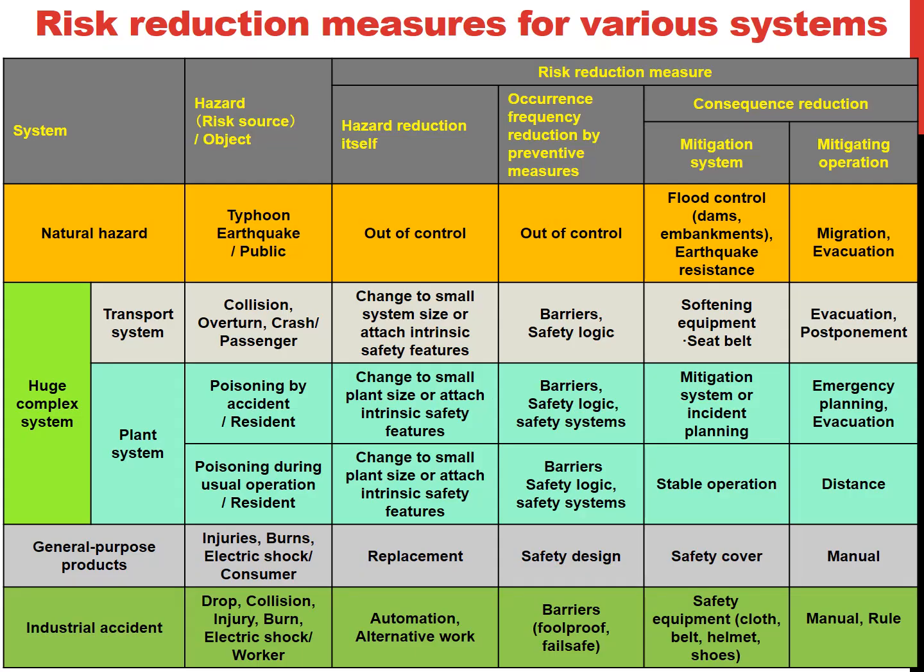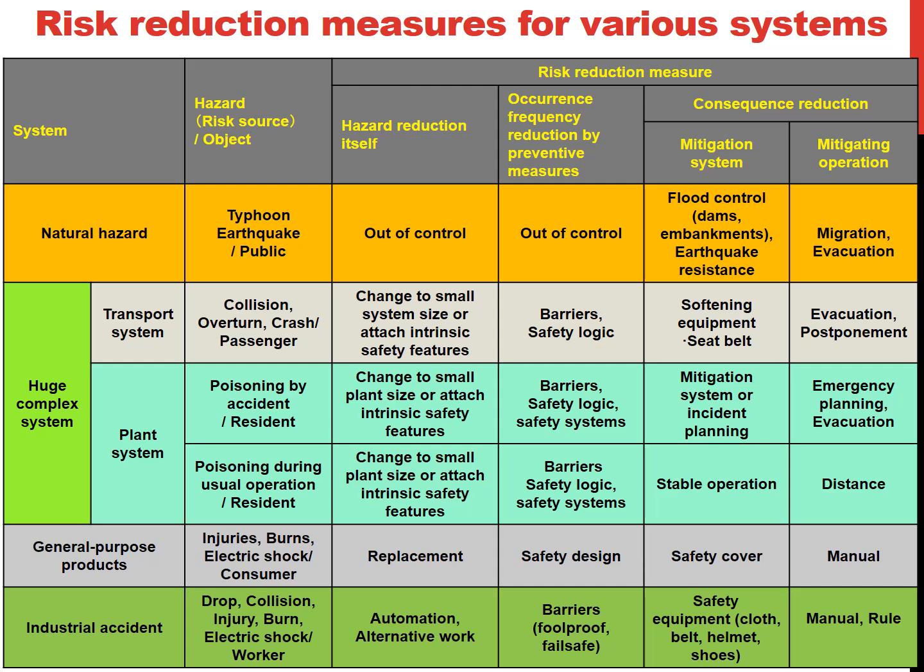Risk reduction measures for different systems are shown in this table. As you can see, there are many types of risk reduction measures, such as hazard reduction itself, occurrence frequency reduction by preventing measures, and consequence reduction by mitigation system or mitigation operation.